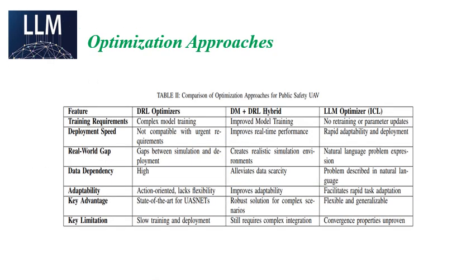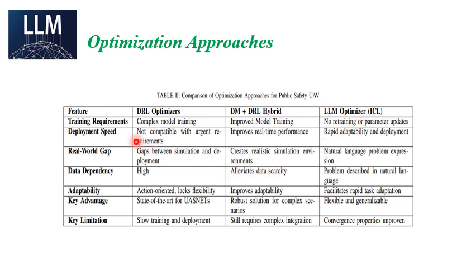In this slide, we have provided a comparison between different optimization approaches for public safety UAV. We have three items: DRL optimizer, diffusion model plus DRL optimizer hybrid approach, and LLM optimizers.